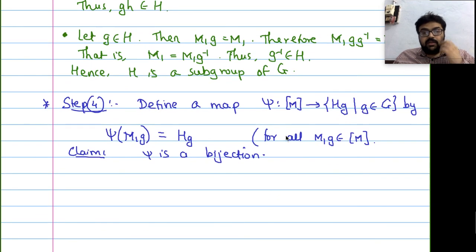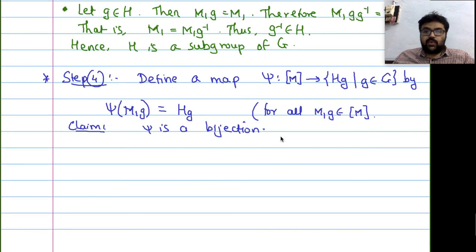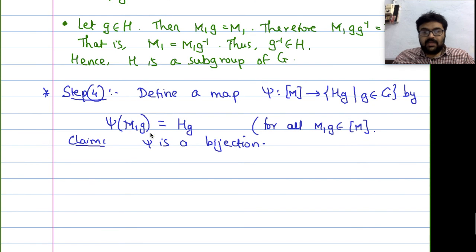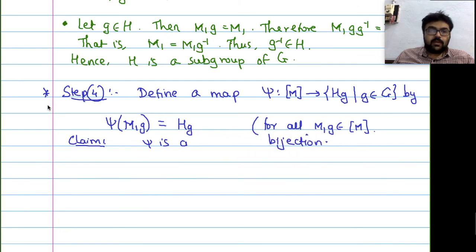Now what is remaining? Yes, this one. We have to show that this map is a bijection, and also well defined. So it is a well defined bijection.